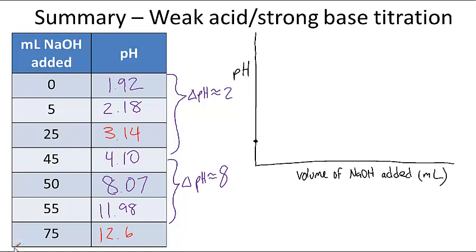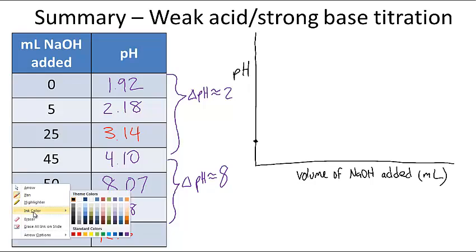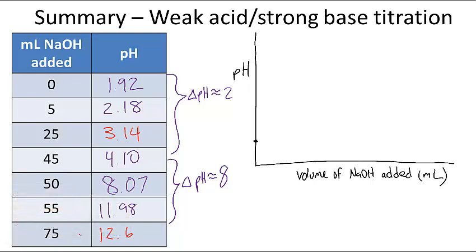Let me see if I can mark this off roughly evenly. 2, 4, 6, 8, 10, 12, 14. How'd I do? All right. And then this axis, I want to go up to 75.